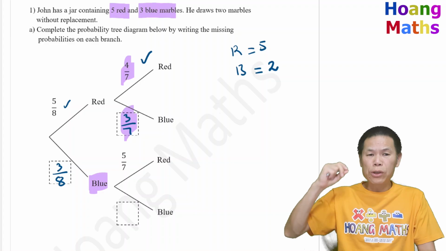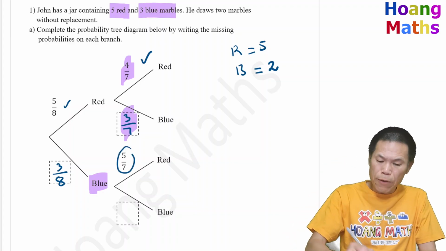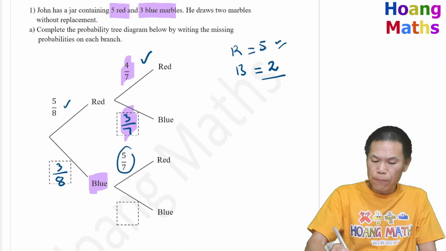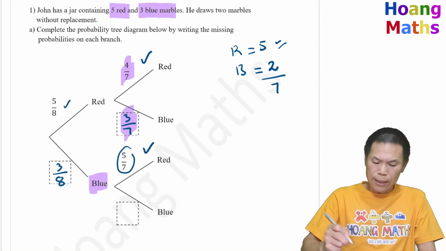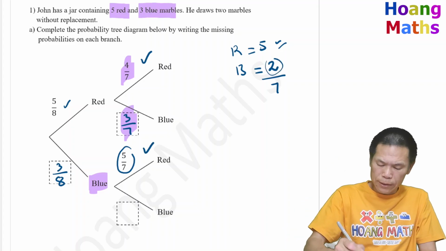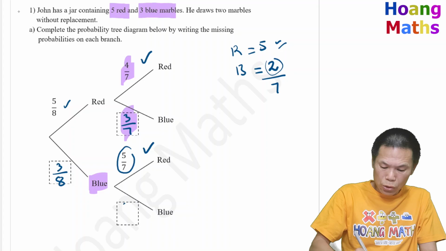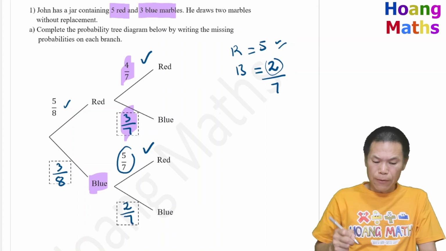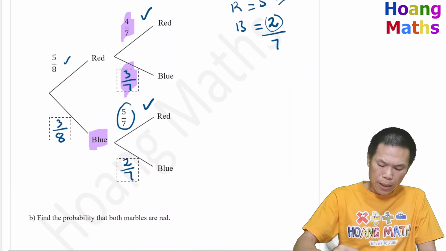The probability of getting a red for the second draw will be 5 out of 7. Keep that in mind. Now the probability of getting a blue will be 2 out of 7, because there are 2 blue marbles left. There you go.